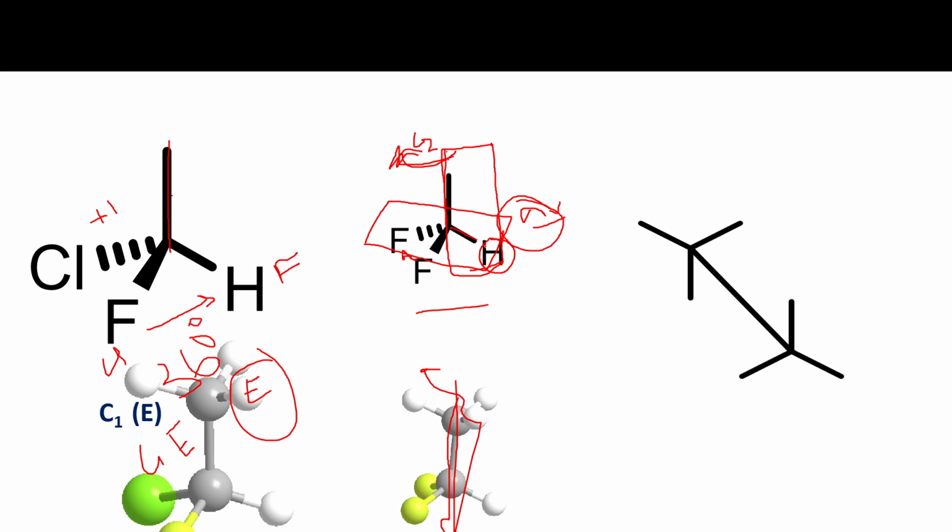So 180-degree rotation will be like this. Then the hydrogen will come here, and these two fluorines will go there. So these are not the same as your parent molecule. So there will be no C2 axis present.